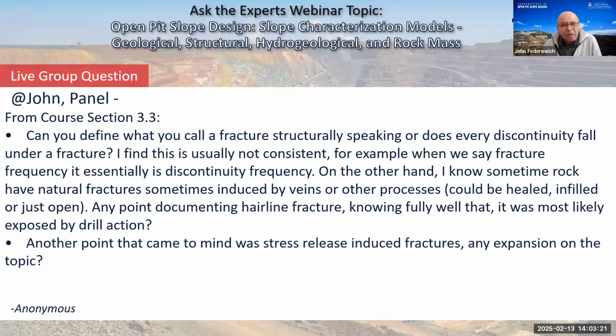In terms of other stress release fractures, if you have an area that's under high in situ stress, you might have some fractures that are induced, and you get that more in an underground scenario than in an open pit. Those are the main things I can think of to answer the question.